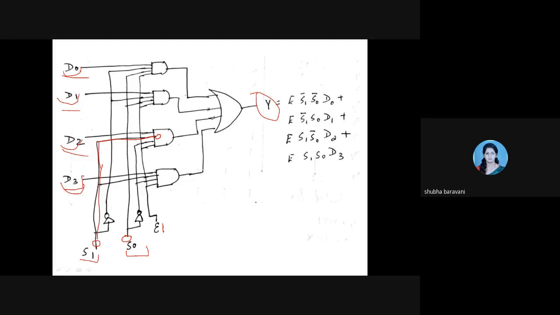Then S0 is 0. It is coming here. Look, it came here. S0 is 0. And here, okay, you can see the S0, right? You can see S0 here.